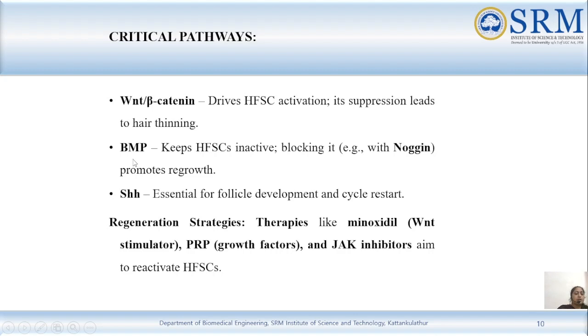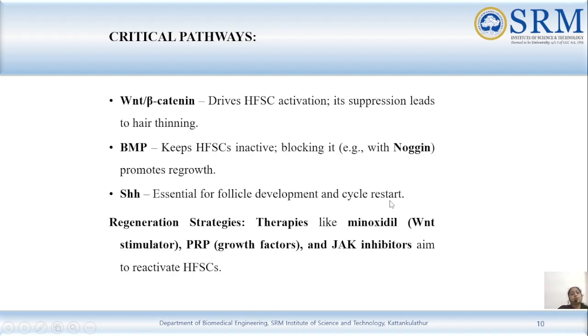Another molecule, BMP, helps to keep the hair follicle stem cells inactive. So if you block it with molecules like noggin, this will help to promote the regrowth of the hair. And sonic hedgehog is essential for follicle development and cycle restart.